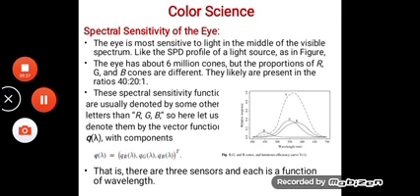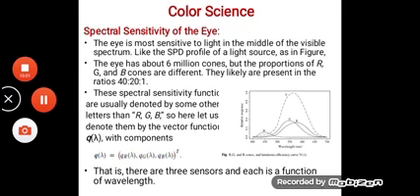So the eye is most sensitive to light in the middle of the visible spectrum, where the colors are G and R. Additionally, we have added B, which is almost in the leftmost corner.